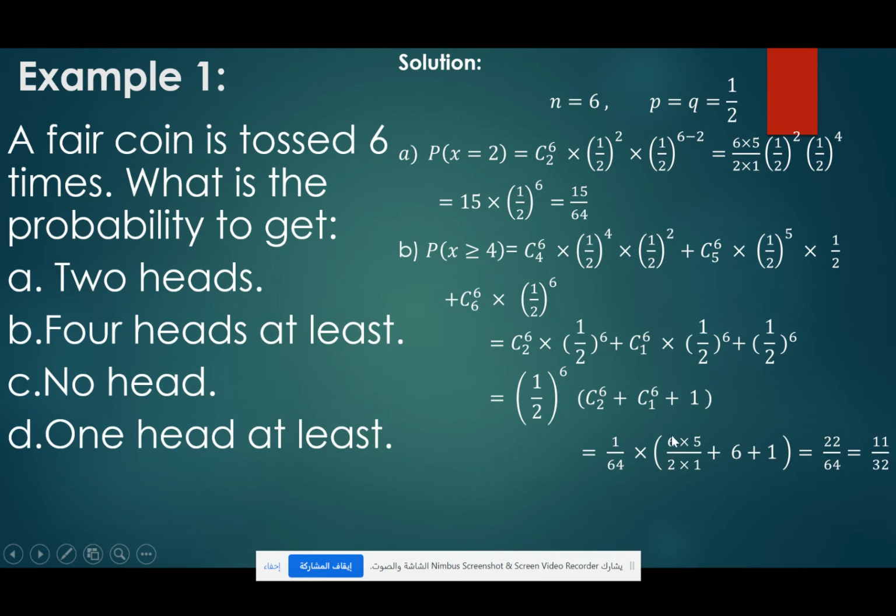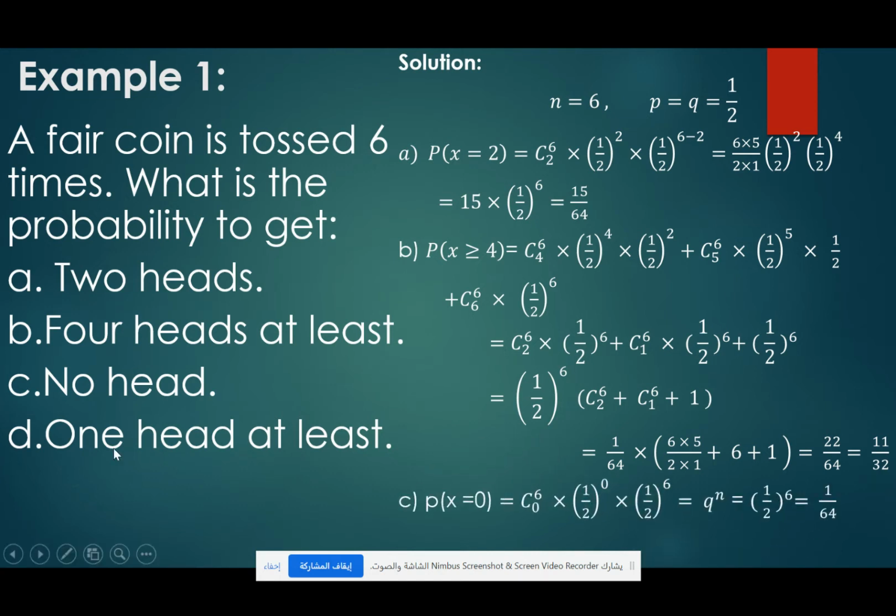By canceling 2 with 6, you get 3, and 3 times 5 is 15, plus this 6 makes 21, plus this 1 makes 22, over 64. You can cancel up and down by 2 to get 11 over 32. And remember, in probabilities, the result is always less than 1 and bigger than 0.